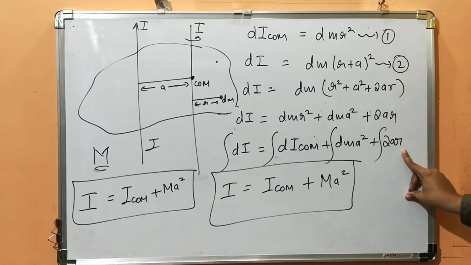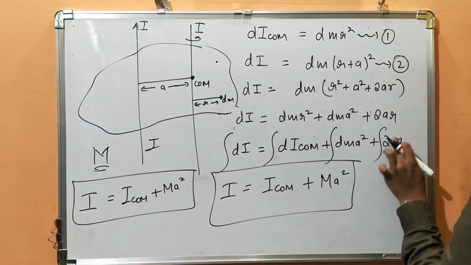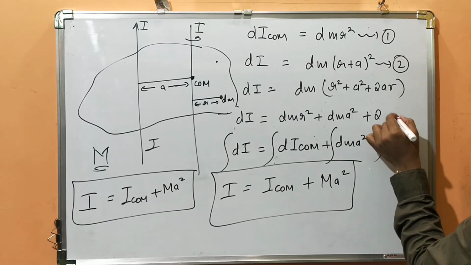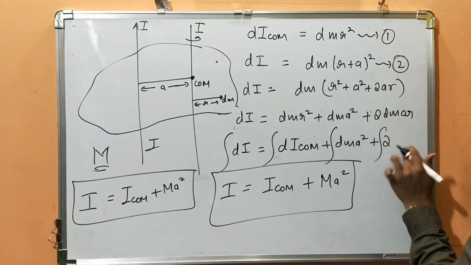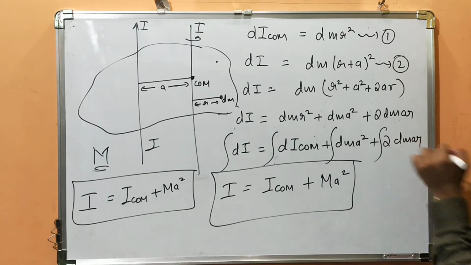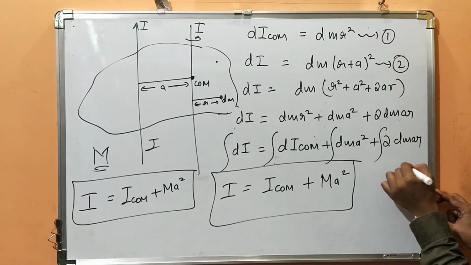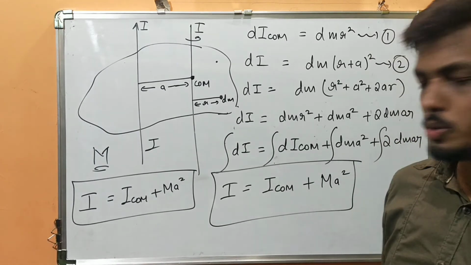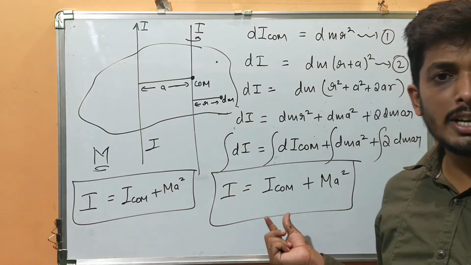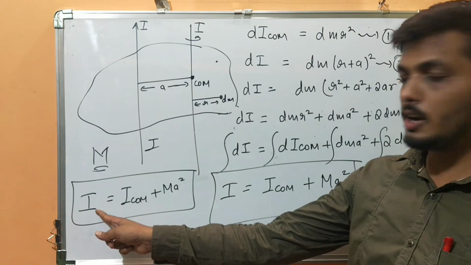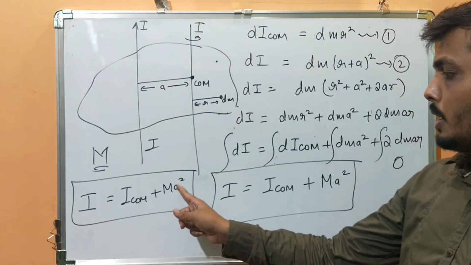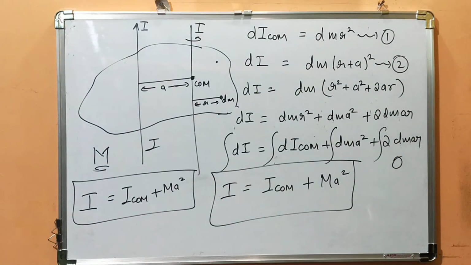Okay, you can ignore this term, 2 dm ar. I'll tell you why it is 0 also. First you understand. So have you understood the derivation for this? This is 0. So this I wanted, right? I is equal to I COM plus M A square. Have you understood?